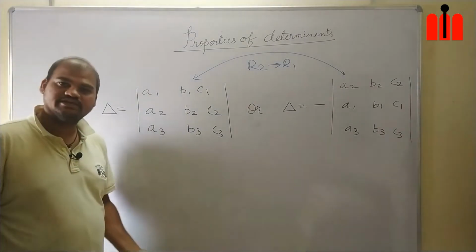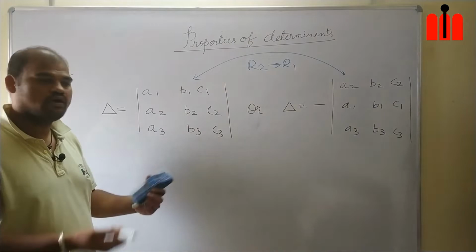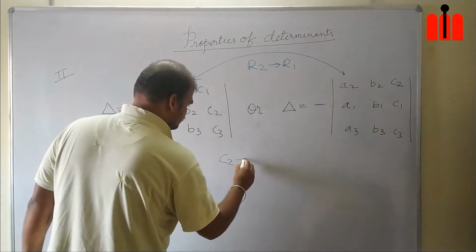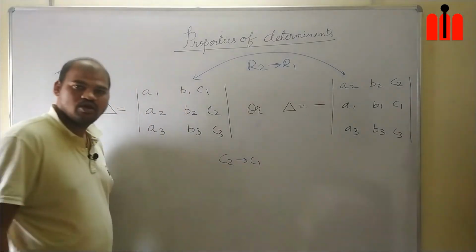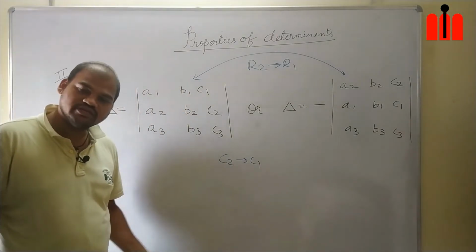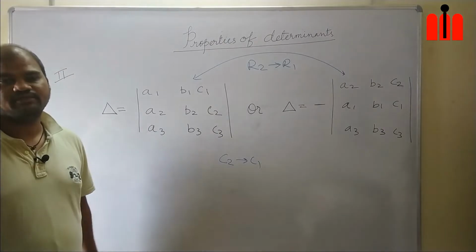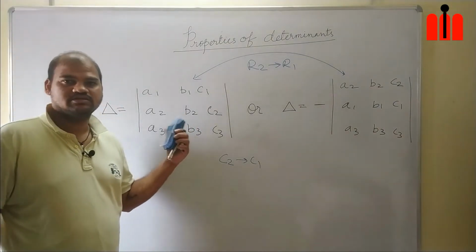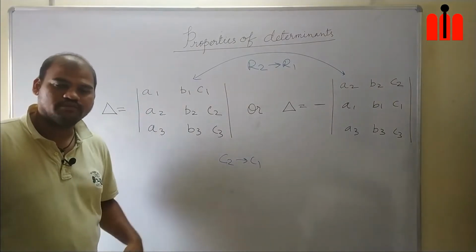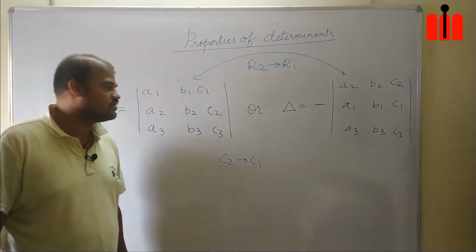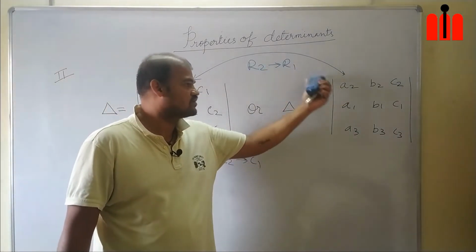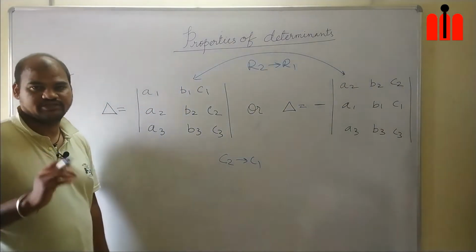Such an interchange can also be possible between columns. C2 can change to C1 or C1 can change to C3. Anything can be possible. Now, once such an interchange of rows or columns takes place, the det will become negative after the interchange.